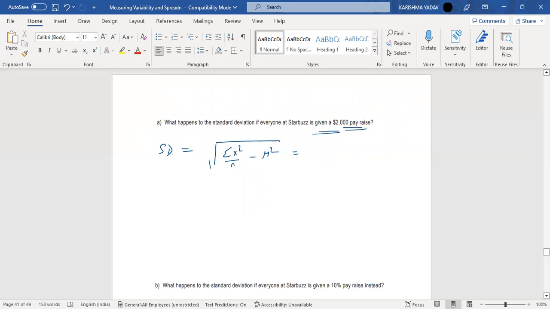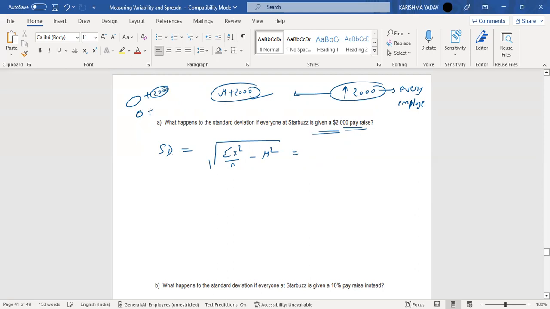If it is going to raise 2000 for every employee, then the mean will also rise by 2,000, right? Because we are adding 2,000 to every value. So the corresponding mean for all these values will also be increased by 2,000, right?